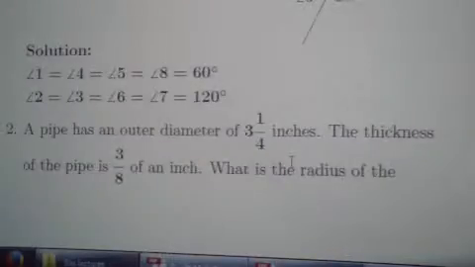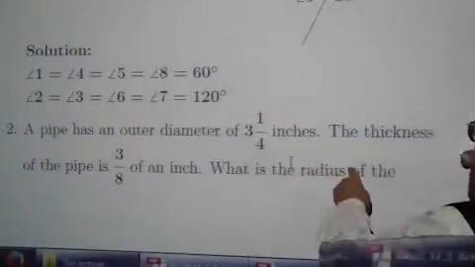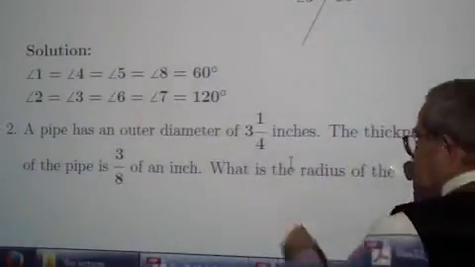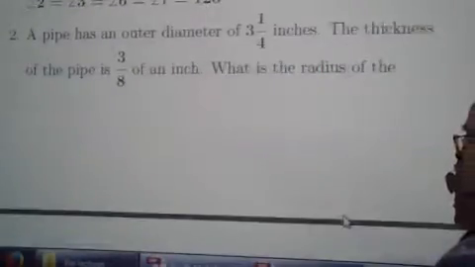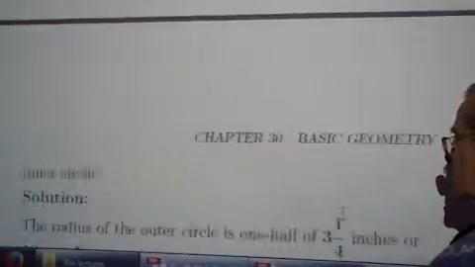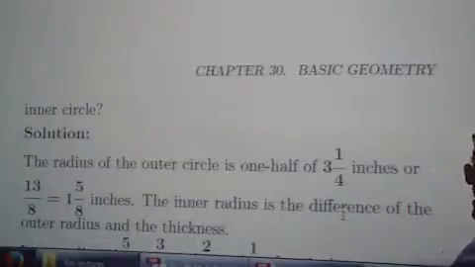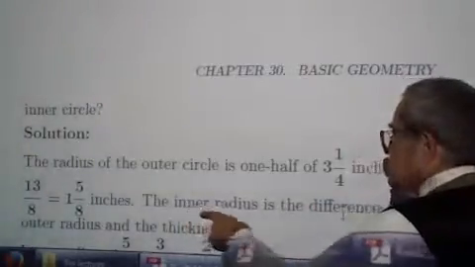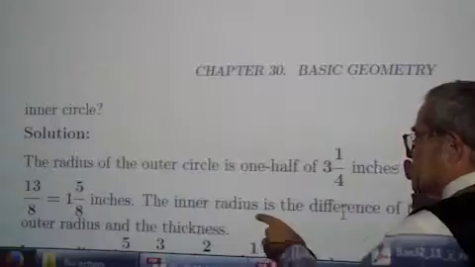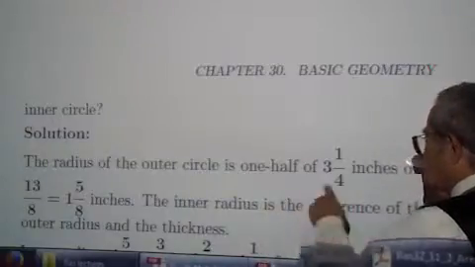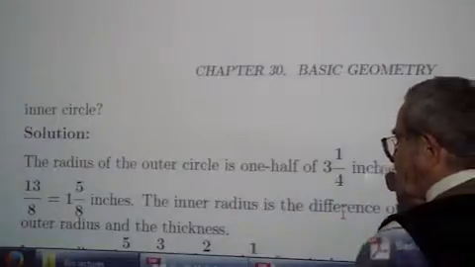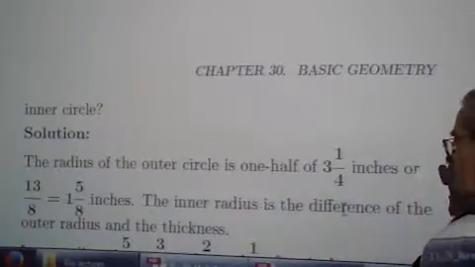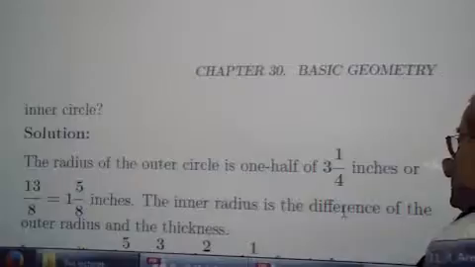So we had a pipe. The outer diameter was 3¼ inches. The thickness of the pipe was 3/8. What is the radius of the inside circle? We converted to 13/8, and we took 1/2 of this figure, which is 1 5/8 inches.